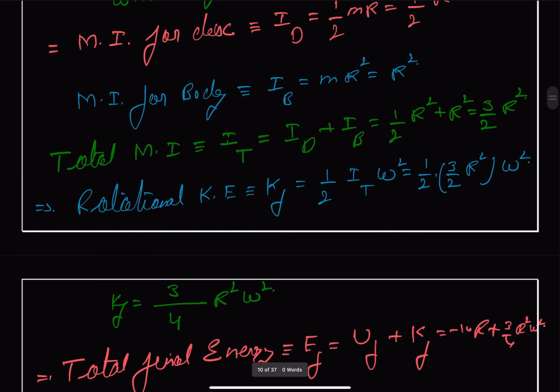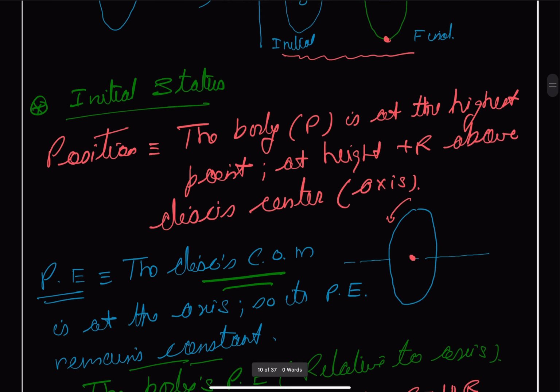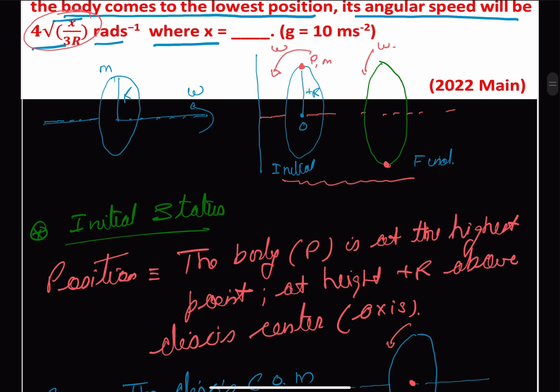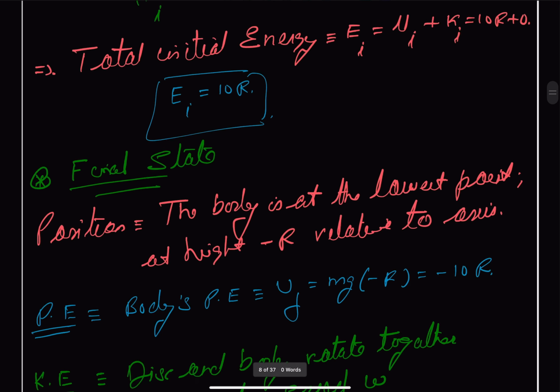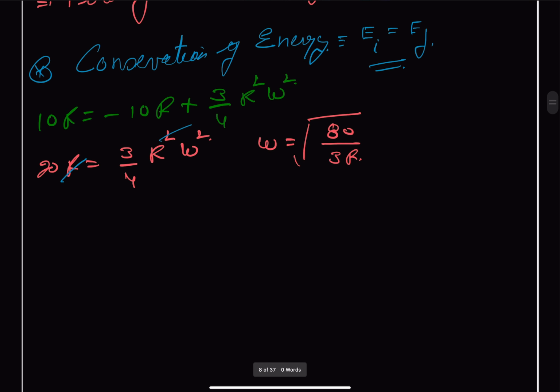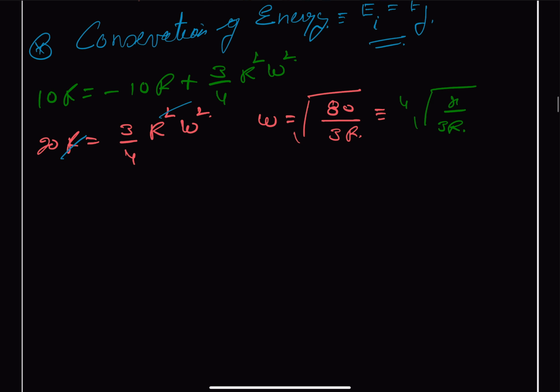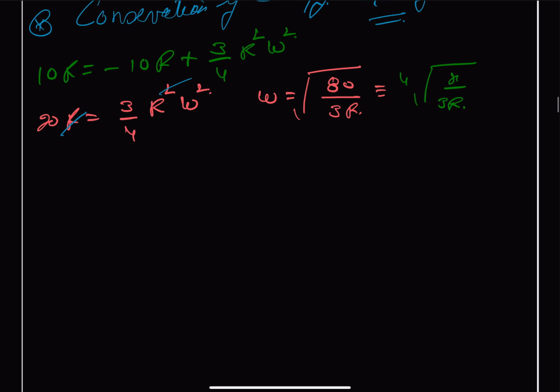And we are given that omega is 4 square root of x upon 3r, and we can just manipulate it.